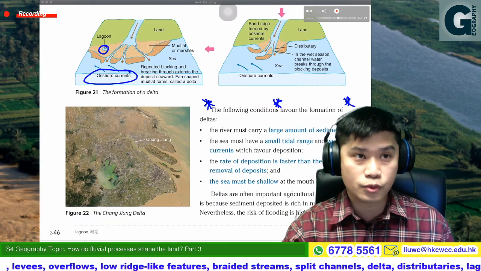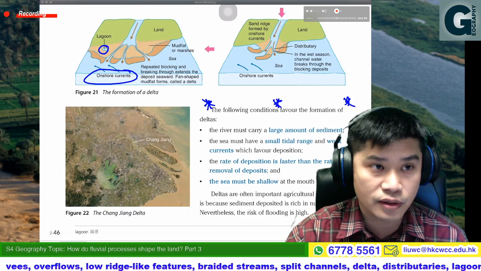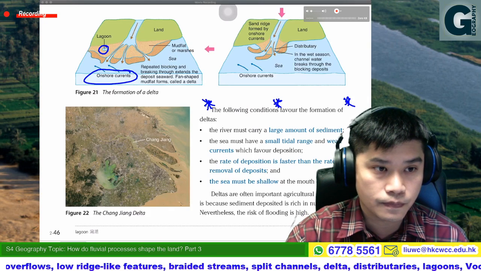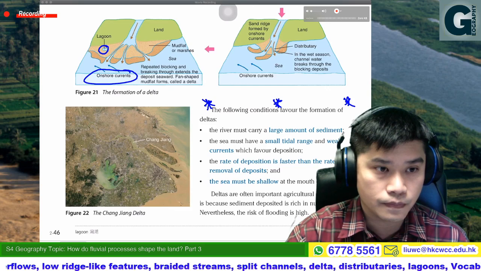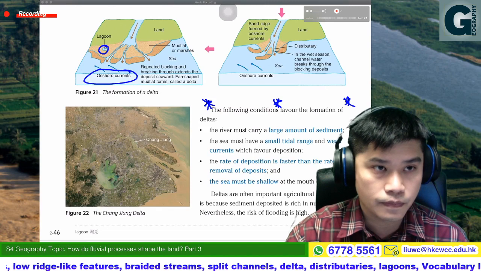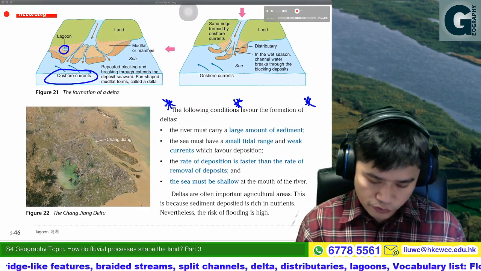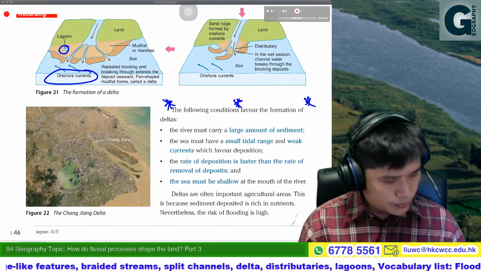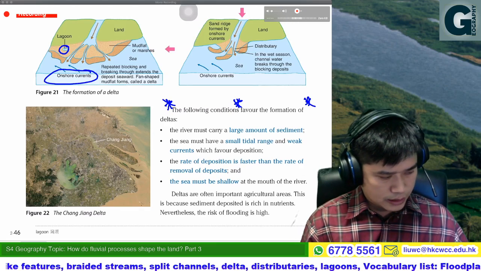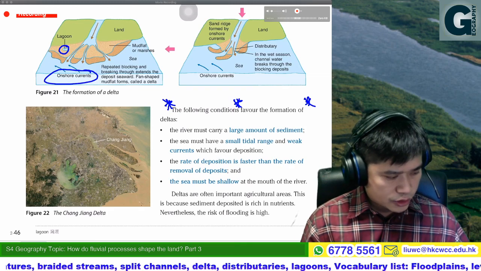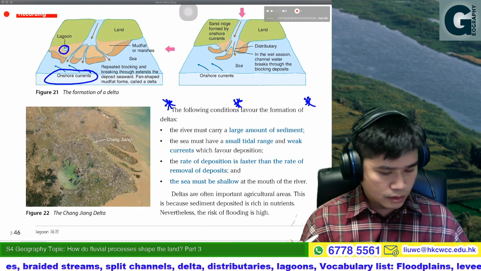Okay, the first one. I may move a little bit. You may not see. So for this part, what would be the conditions that may favor the formation of delta?